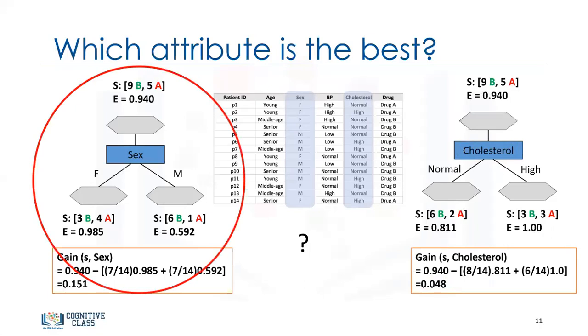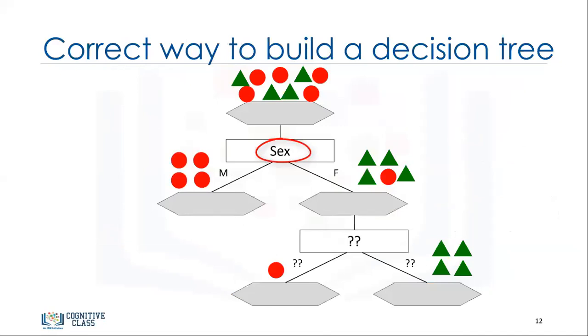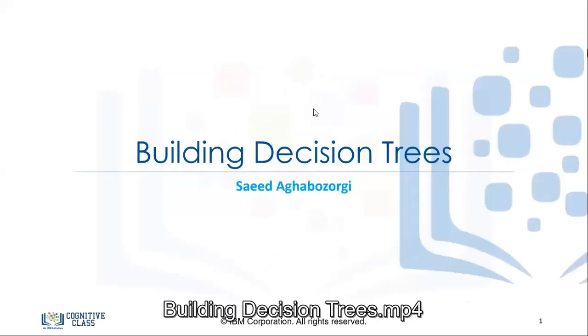Well, as mentioned, the tree with the higher information gain after the split is better. So, we select the sex attribute as the first splitter. Now, what is the next attribute after branching by the sex attribute? As you can guess, we should repeat it.